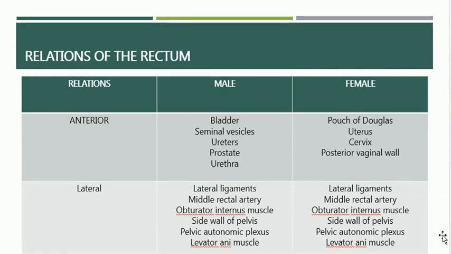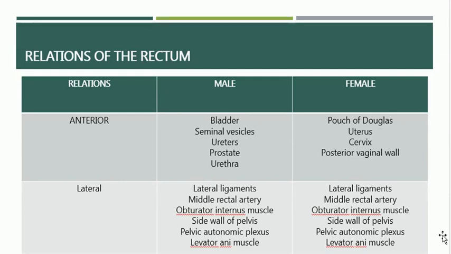Now, as far as the relations of the rectum are concerned, we have to describe them separately in male and female. What are the anterior relations? In males, anteriorly there are the urinary bladder, seminal vesicles, ureters, prostate, and urethra.